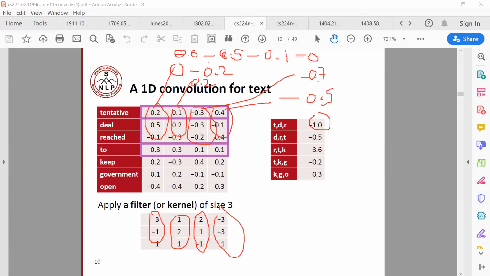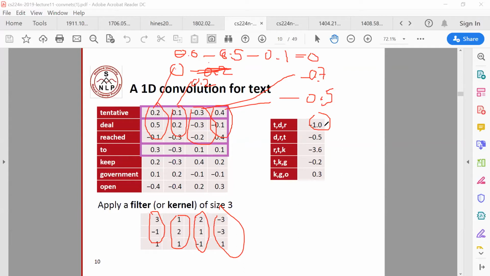So my 4 numbers are 0 plus 0.2 minus 0.7 minus 0.5. Let's see, is that right? Sorry, that's not minus, that's plus. So that's 0 plus 0.2 minus 0.7 minus 0.5, and that's equal to minus 1.